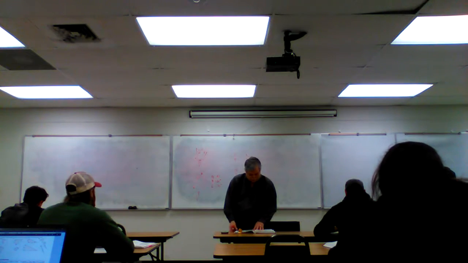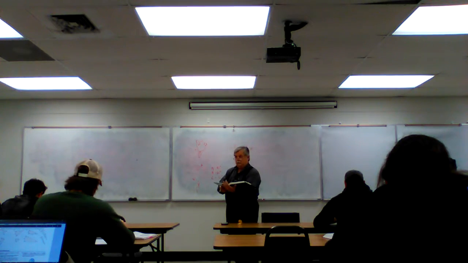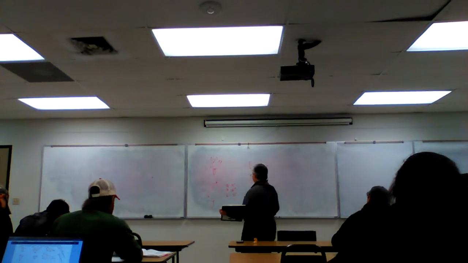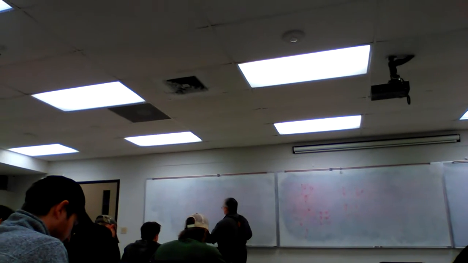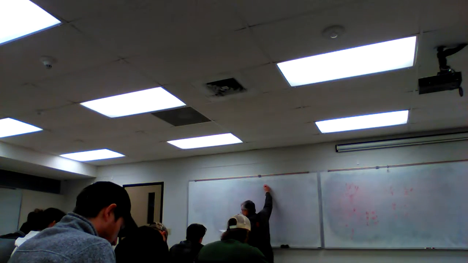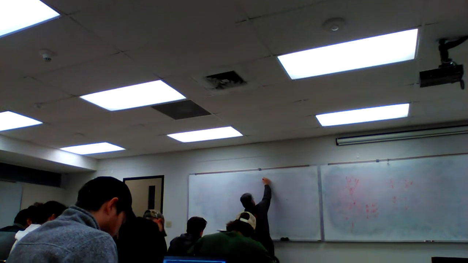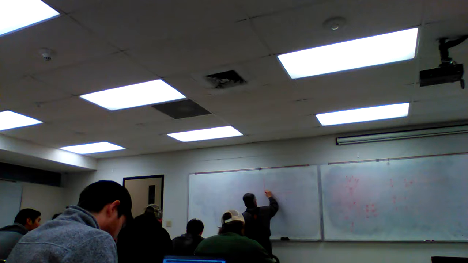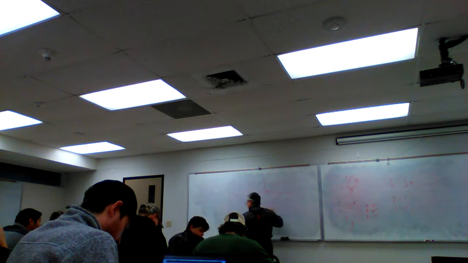The other example is 45. But this one's a little trickier because it's not a right triangle. Number 45, we're given a triangle with 95 degrees, 60, and 25.